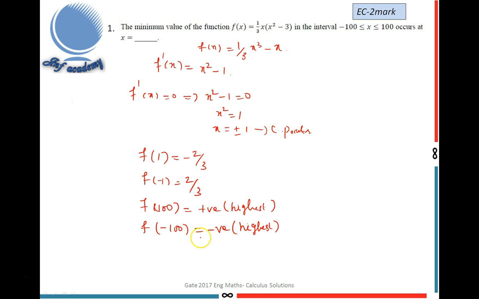So f of minus 100 is the lowest value. So the minimum value of the function f occurs at the point x equal to minus 100. Answer is minus 100.